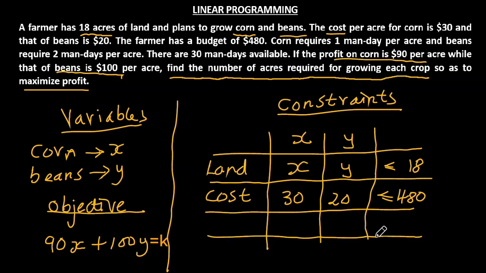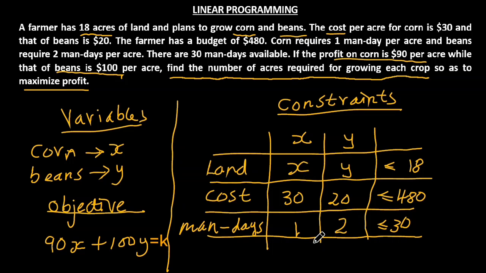Then my third constraint is in terms of man-days. Maize or corn requires 1 man-day, and beans require 2 man-days, and this should be less than or equal to 30. So these constraints are connecting the 2 variables, corn and beans.